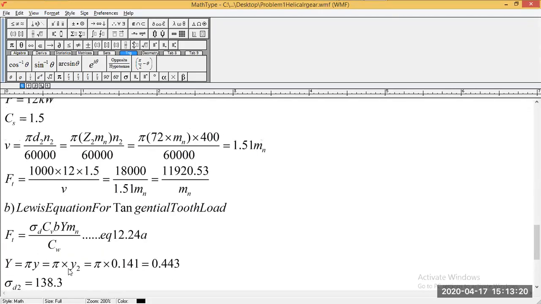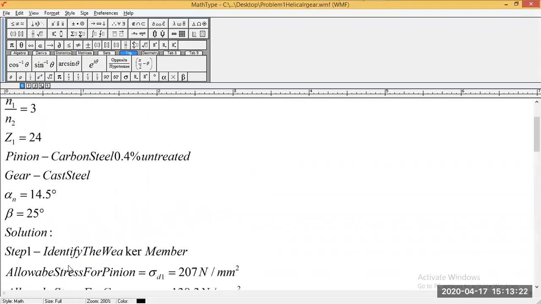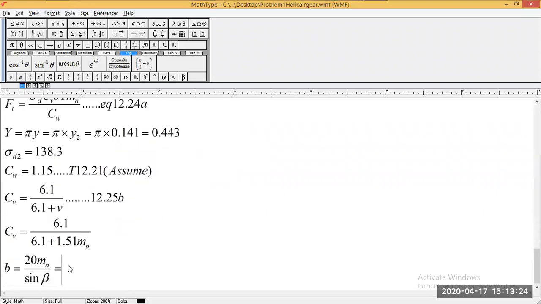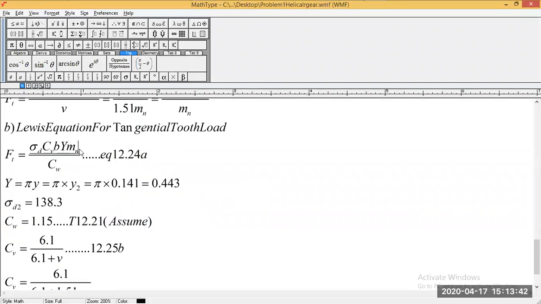What is beta? Beta, I think, is 25 degrees. So sine 25 gives 47.32 mn. Okay, so this is simplified. So let's put all this in this equation here.